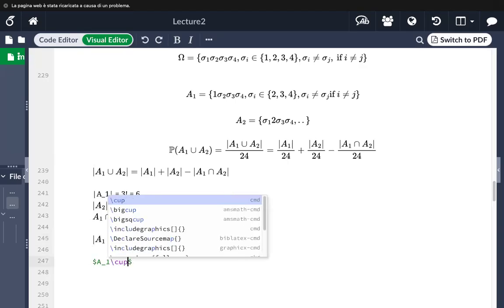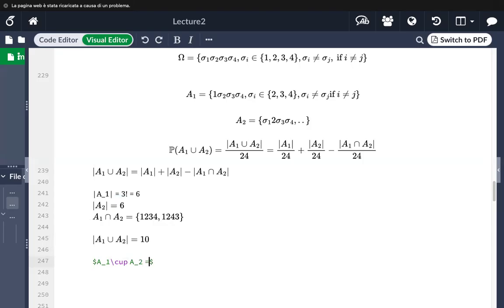So maybe I don't know how much time it will take, but this set is equal to, okay, 1 2 3 4, 1 2 4 3, 1 2 1 4... sorry, 1 4 2... 2 1 3 4.